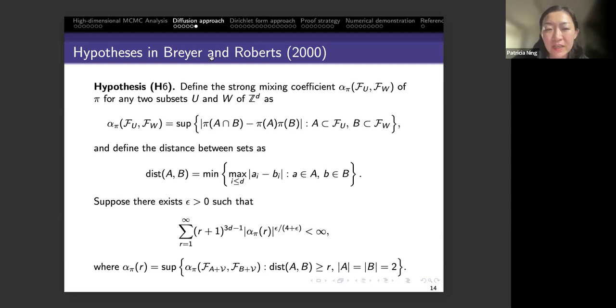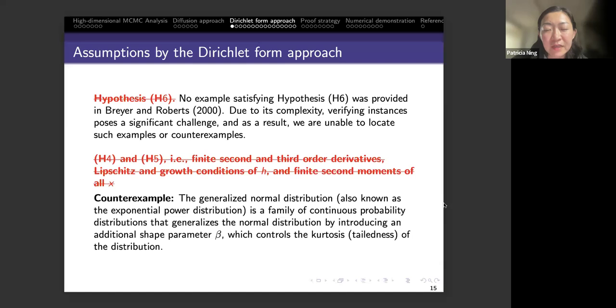As we can see, the form of this one is about the defined strong mixing coefficient of the set probabilities, and also some set distance involved. Clearly, this assumption is quite complicated. Luckily, with the Dirichlet form approach, we don't need this assumption H6.